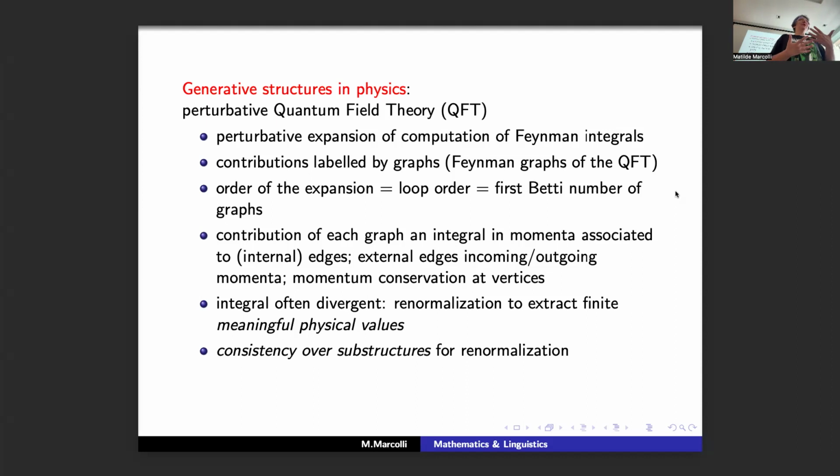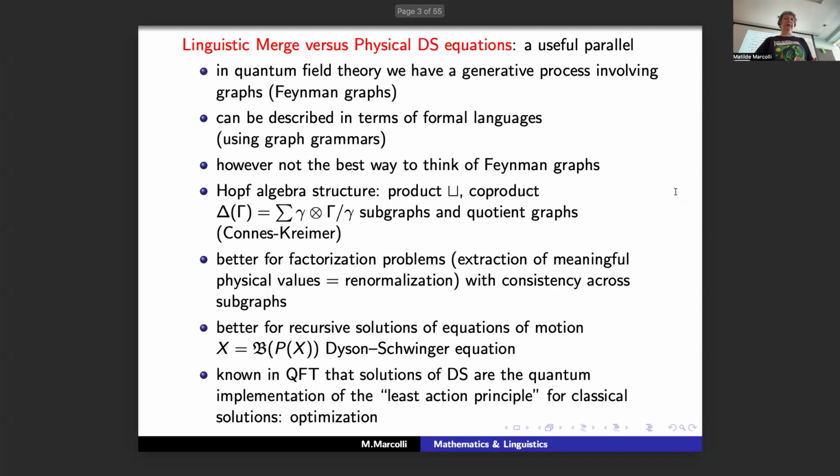Unfortunately, most of the time, when you integrate over these momenta, you get a divergent integral, and these divergences have to be cured. That's been one of the main theoretical problems in quantum field theory for a long time, and one needs a consistent extraction of finite values from these divergences. You can think of it as a consistent assignment of meaningful physical values that are compatible over substructures, and this is called the renormalization problem in quantum field theory.